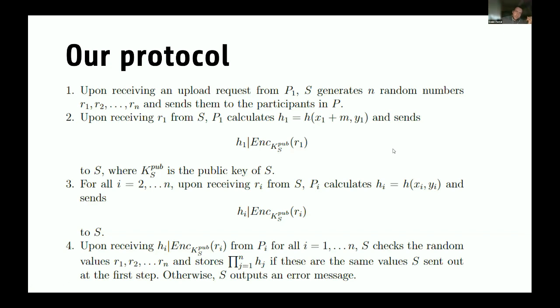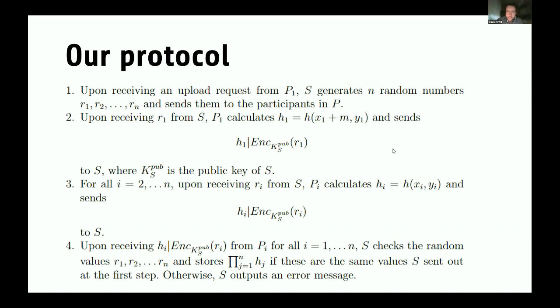So the first participant receives the random number R1, and he calculates H1, which is the hash value of X1 plus M and Y1 together.